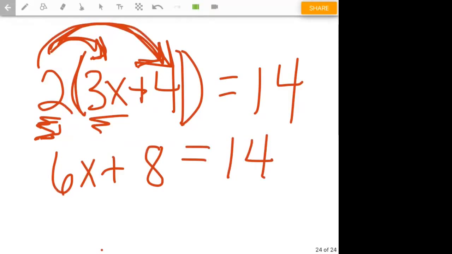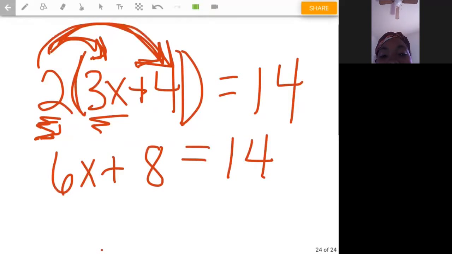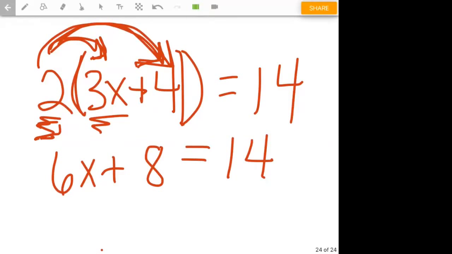Yeah. Okay, you broke it down. That's where I had the problem, because instead of just distributing the 2 into the parentheses, I also did it on the 14. So I messed myself up. Yeah, only in the parentheses.